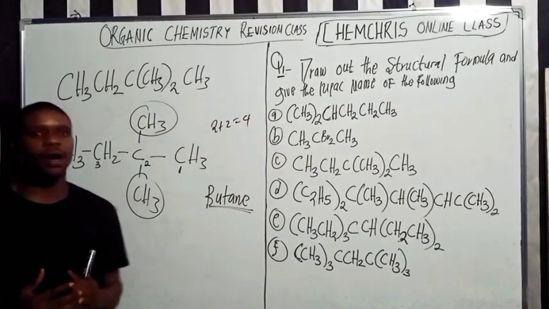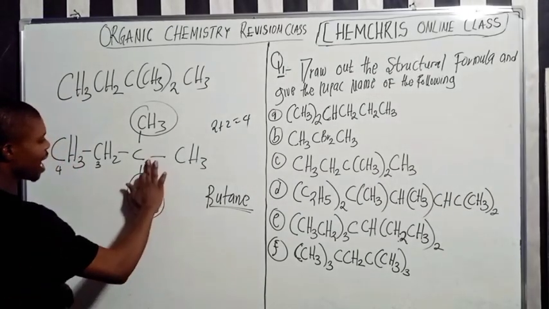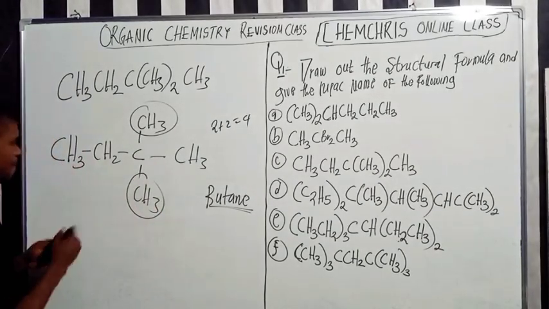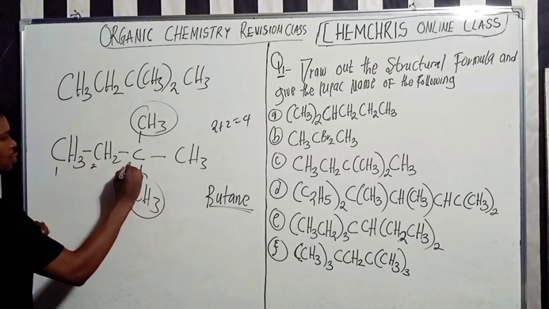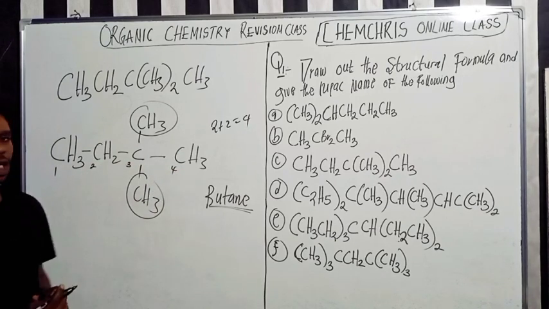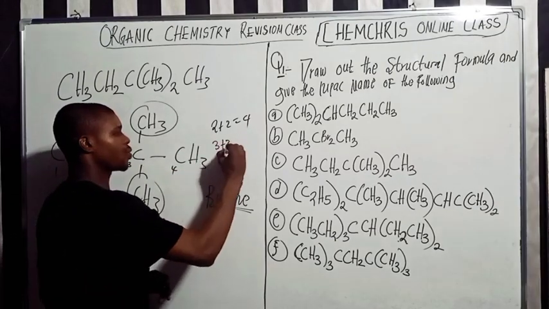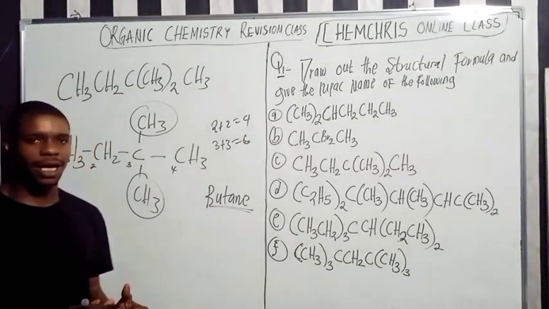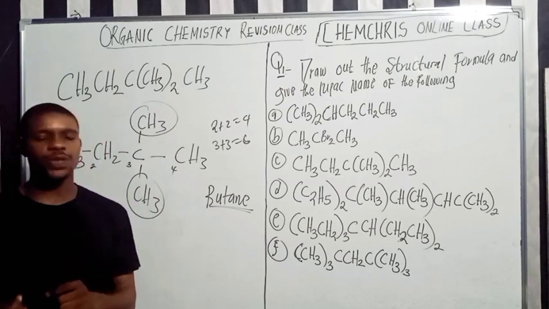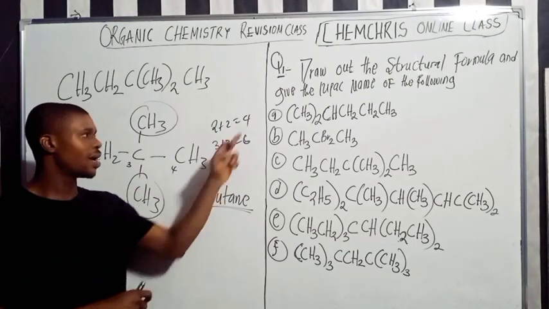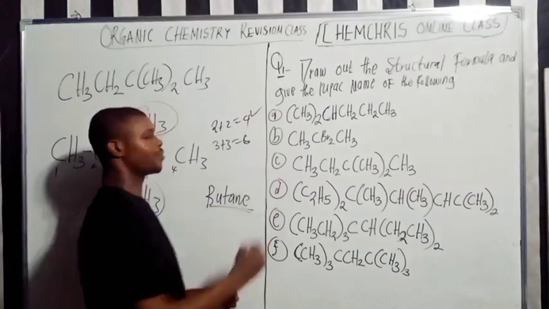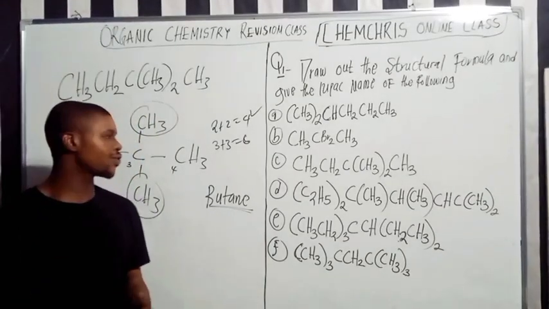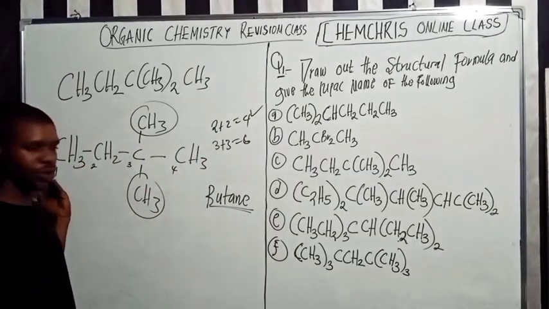But the other way around, if I should start from this point here, 1, 2, 3, 4, it will be 3 plus 3 equals what? 6. Of course, following the rule of nomenclature that the summation of the positions of the substituents must have the lowest possible number, we are going with 4. And the direction that gave us 4 is this side, not this one. Do you understand now?